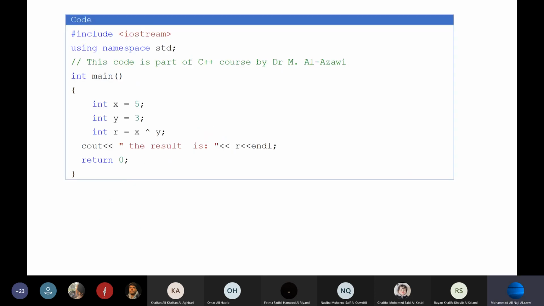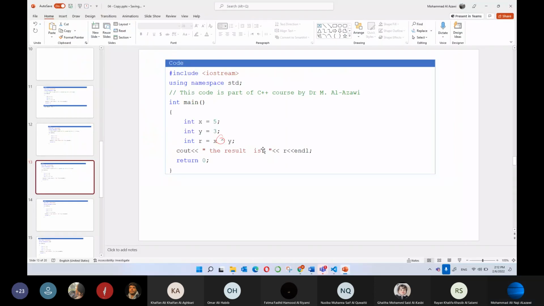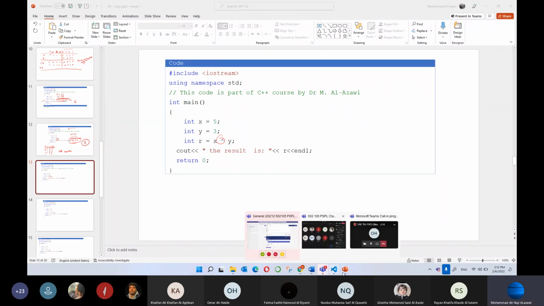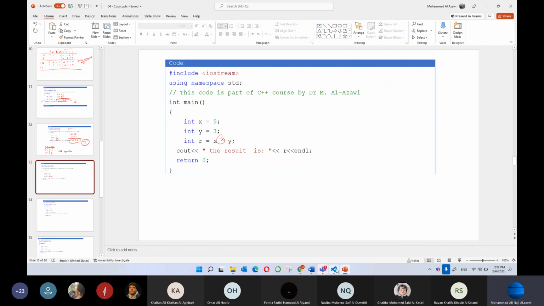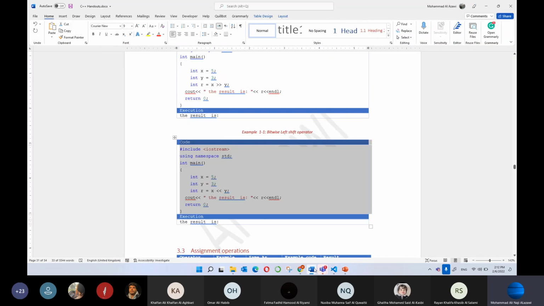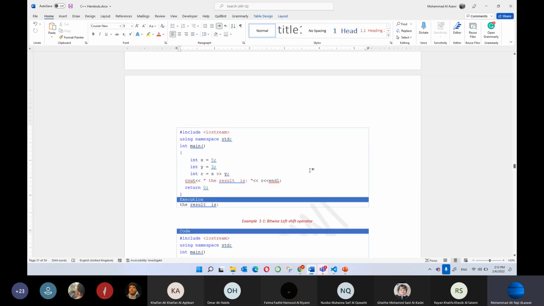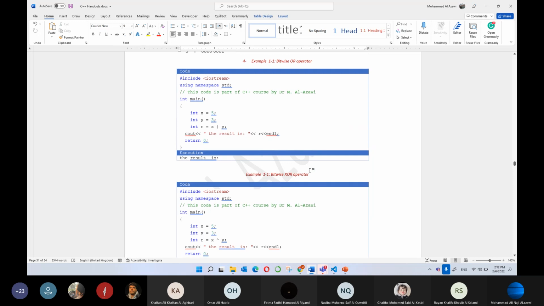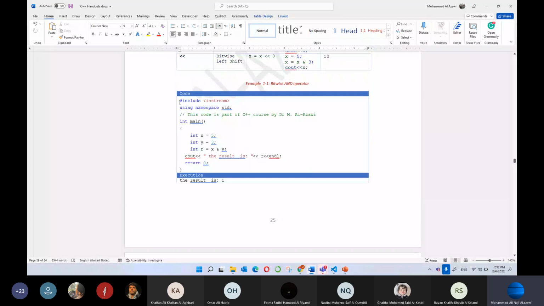Let's try the other one, exclusive OR. But before continuing, let's implement this and see if we are doing things right. I'll keep the comments also. This is the OR, this is the AND.